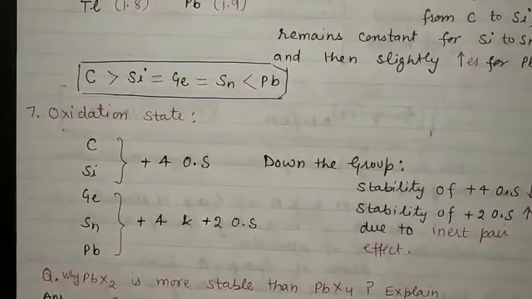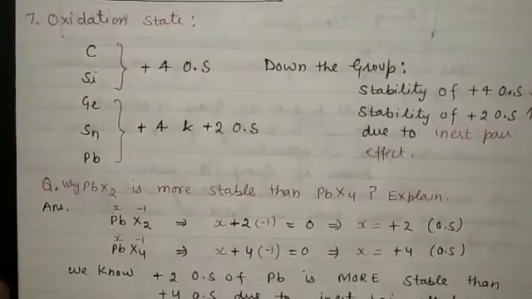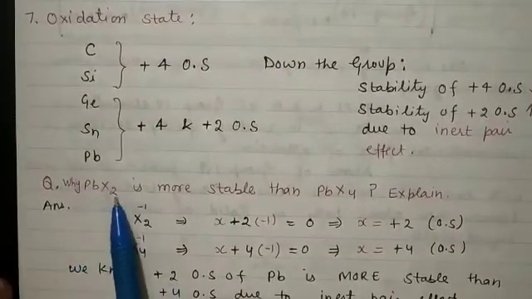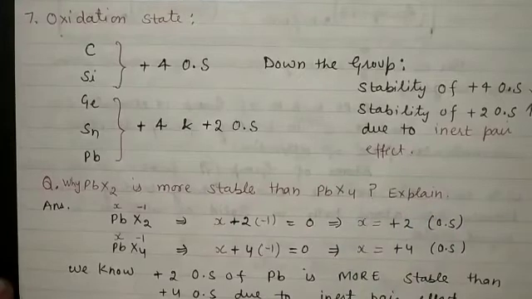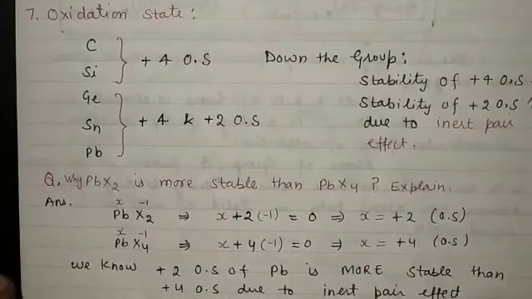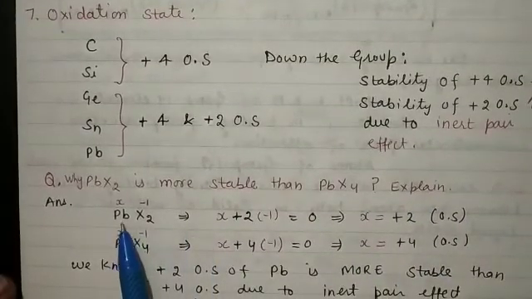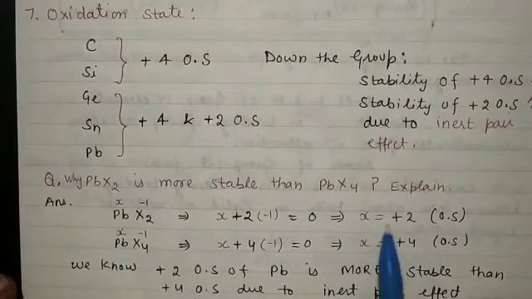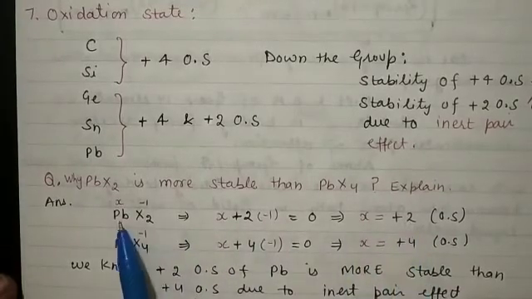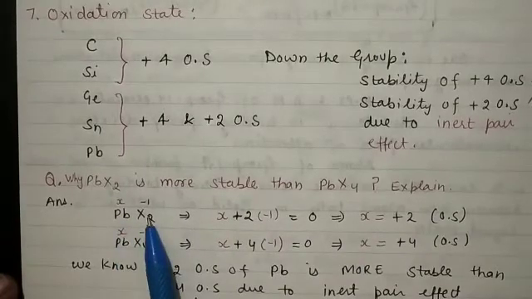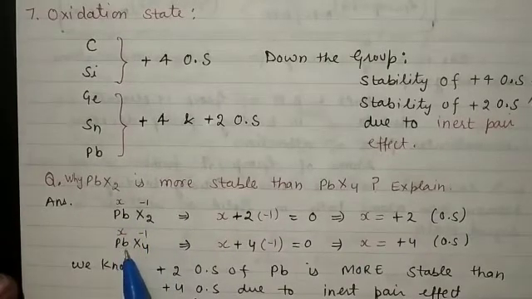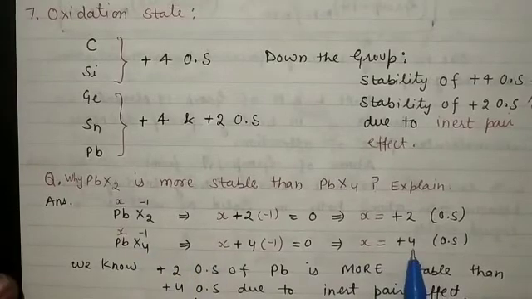Here we have one question: why is PbX2 more stable than PbX4? If we find the oxidation state of lead in PbX2, we get X equal to +2, meaning lead is in the +2 oxidation state in PbX2, and in PbX4, lead is in the +4 oxidation state.